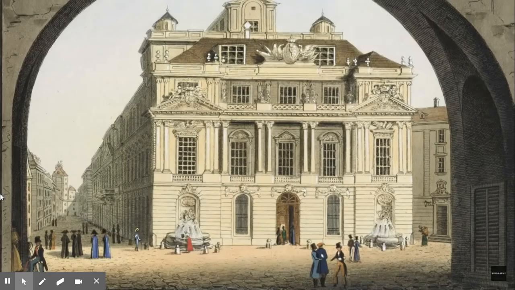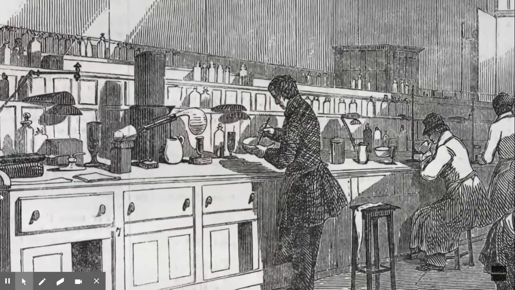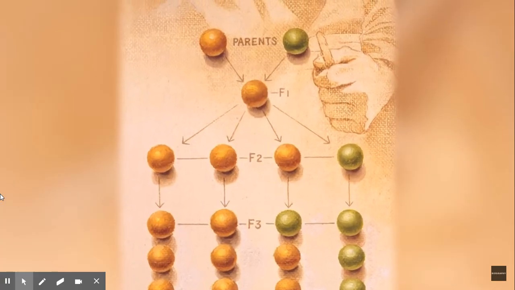Mendel accepted a teaching position at the monastery in Brno after completing his university studies. It was during this period that he began his famous pea plant experiments. Before Mendel, people thought traits were inherited equally from both parents in equal proportions.